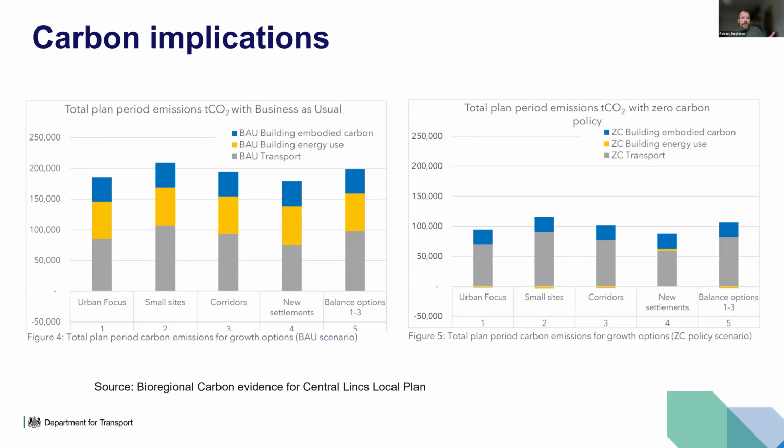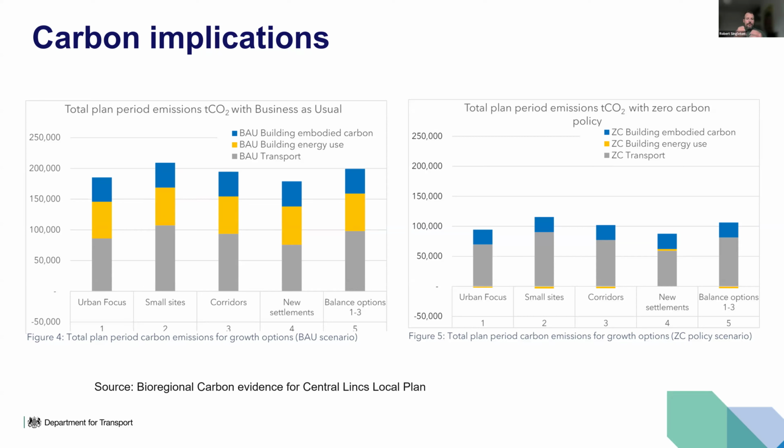This has carbon implications. Not locating development sustainably, not ensuring that sustainable transport is the first choice for travel, active travel or public transport, means that in this particular slide, you've got the assessment of carbon impacts pre-local plan and post-local plan.